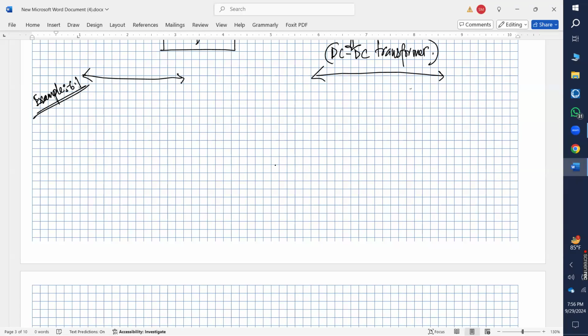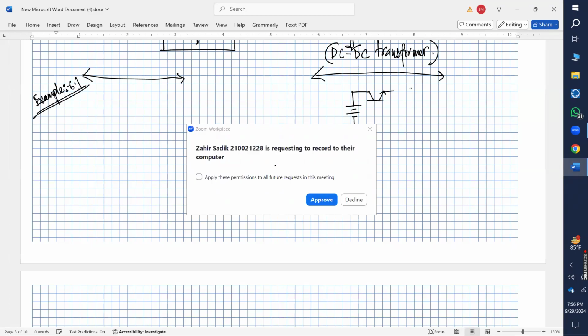It says, suppose you have a DC to DC buck converter that has the following properties. Let me first draw the DC to DC buck converter. So this is my DC to DC buck converter.